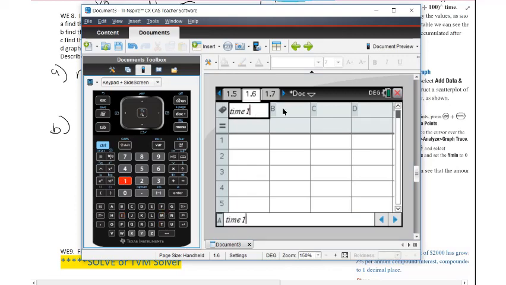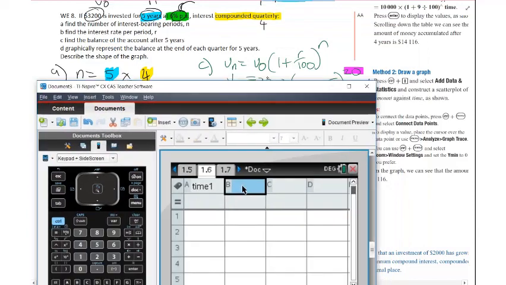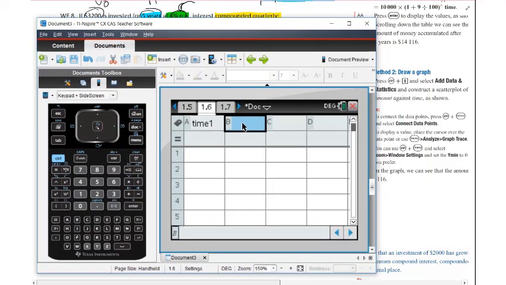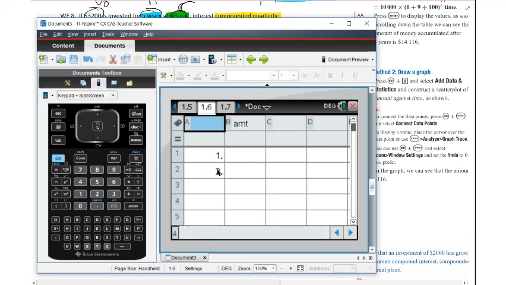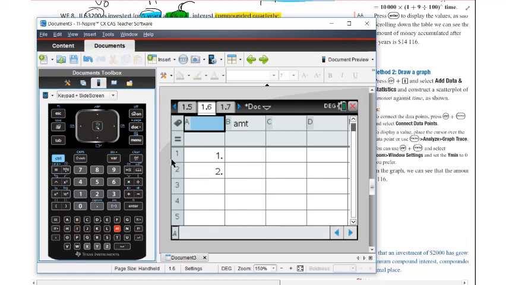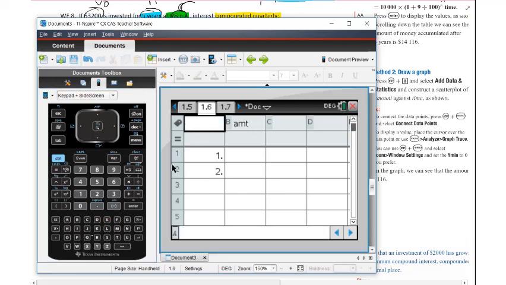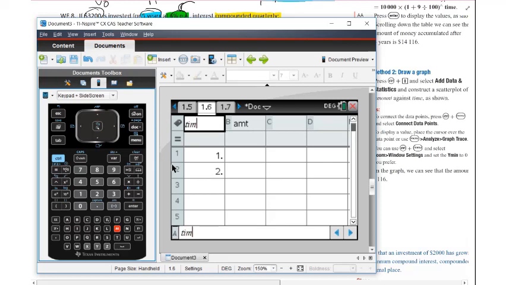And let's call this AMT for amount. So here we want to put 1, 2, maybe I should just call it time, to be honest.